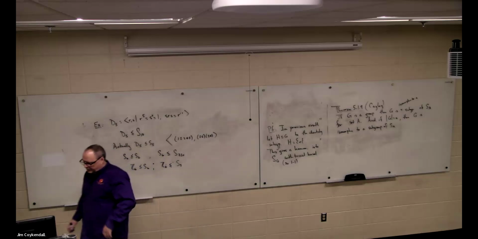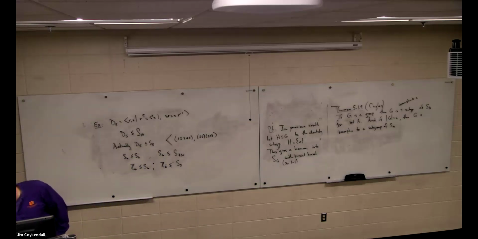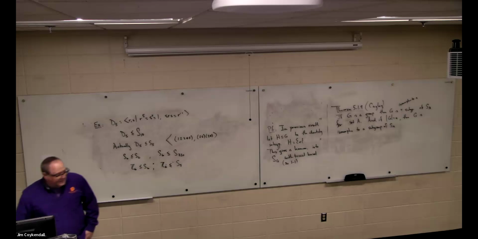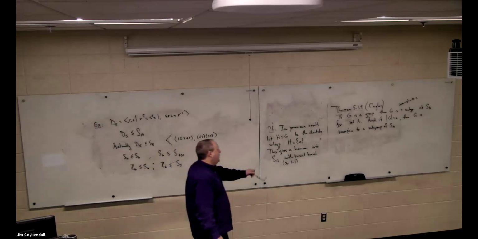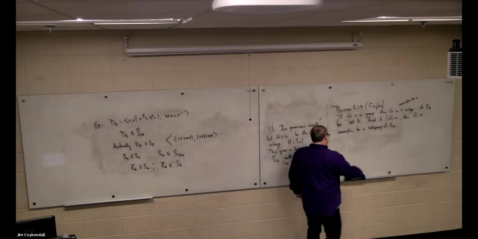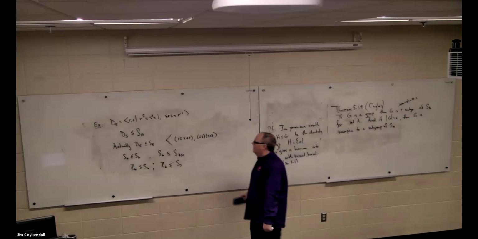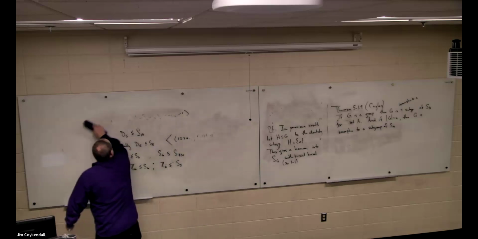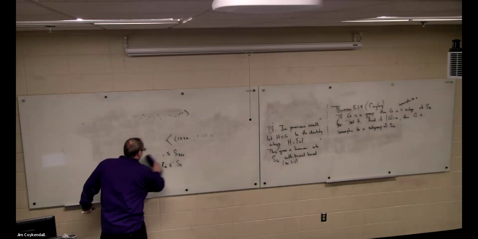This gives a homomorphism from G into S_G with trivial kernel. And the finite case is immediate from that. So we've actually already done the heavy lifting, as I said, in the previous result.